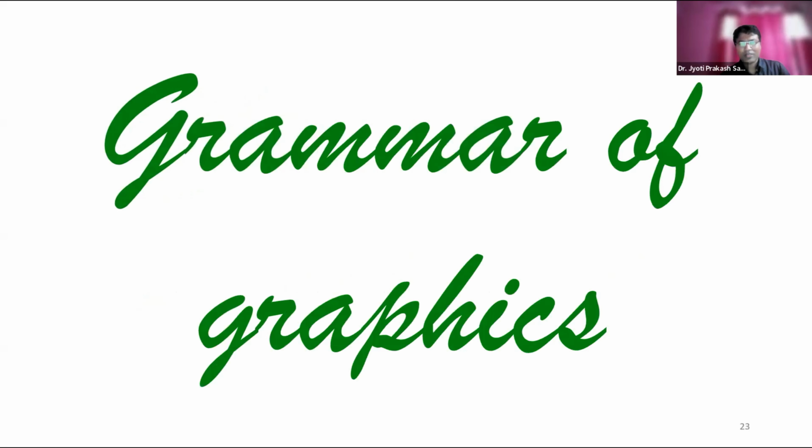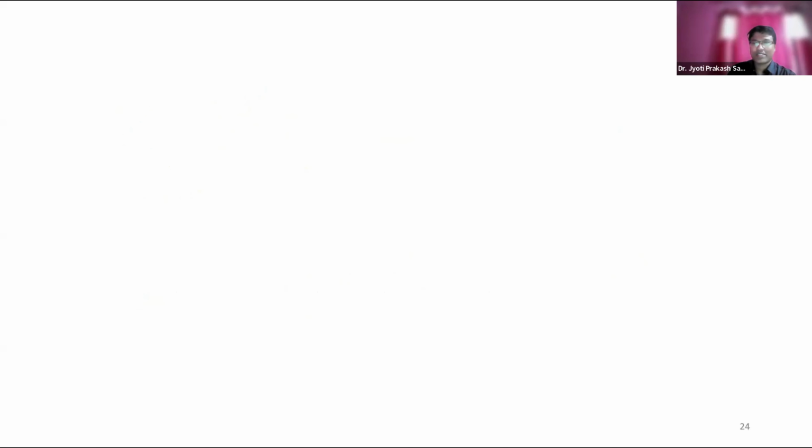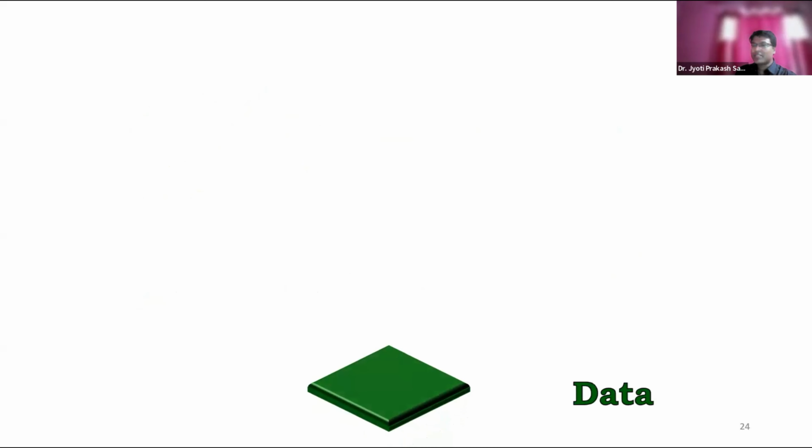So, grammar of graphics. First, for any graphics, what is the basic element? The most basic element is the data set. Without data, the graph doesn't have any meaning, or we can't plot any graph or any table or something else. Right? Data is the basic element.